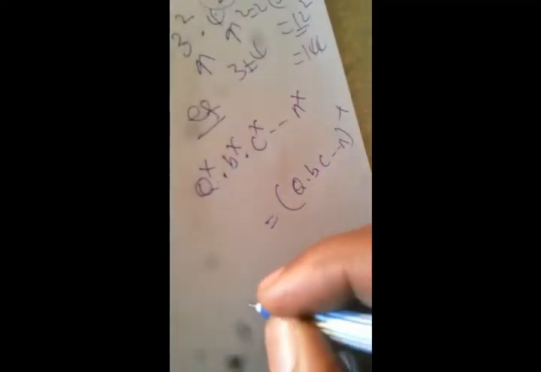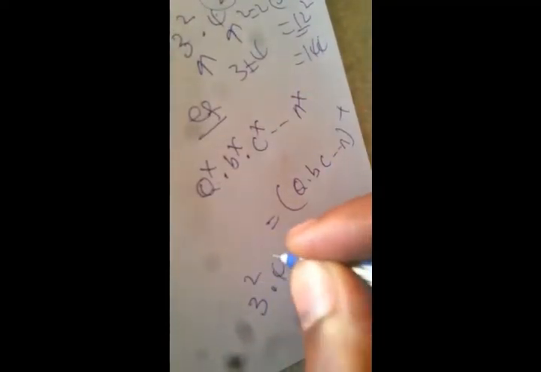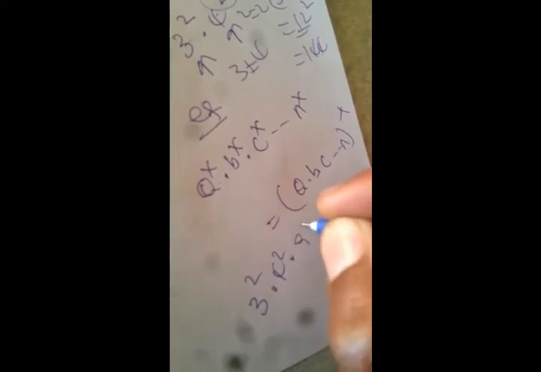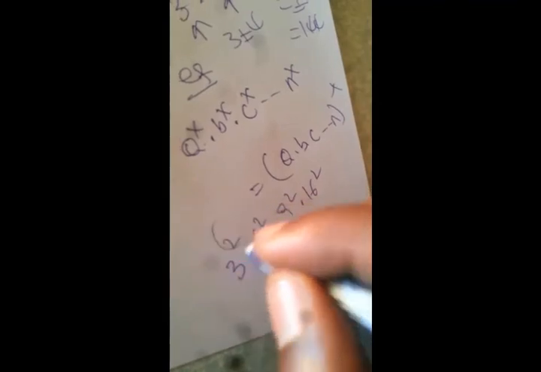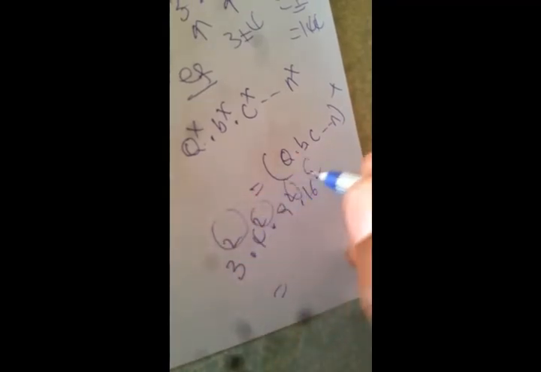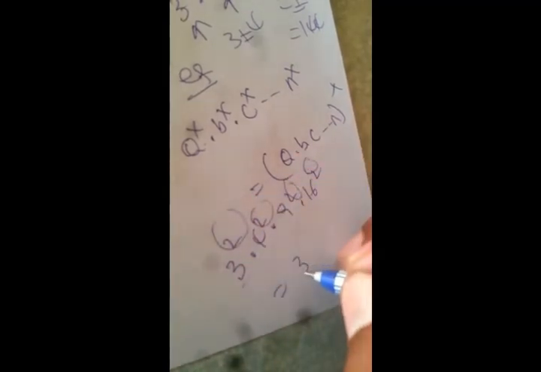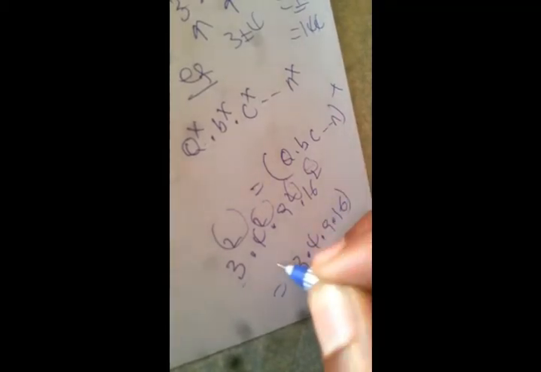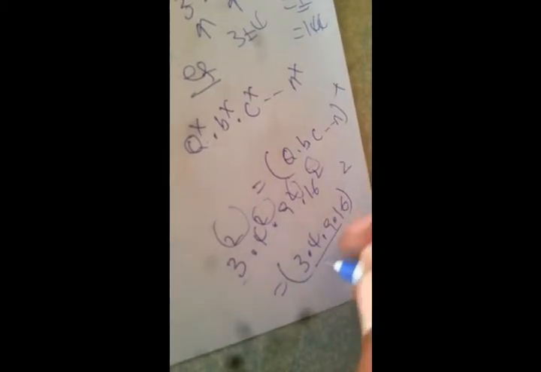For example, 3 squared times 4 squared times 9 squared times 16 squared will be, simply, since the exponents are the same, we multiply their bases. 3 times 4 times 9 times 16 raised to 12 will be our final answer.